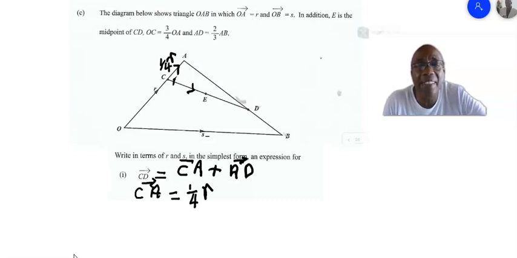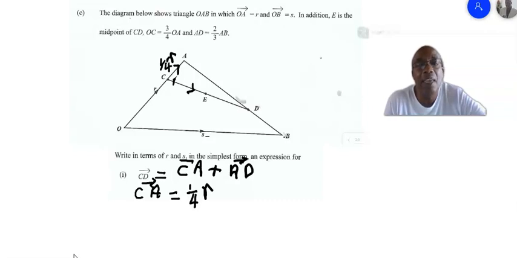Now you must find vector AD. We were given that vector AD is 2/3 vector AB, but we don't have vector AB. But can we find vector AB? Do we have two vectors we can add to get vector AB?